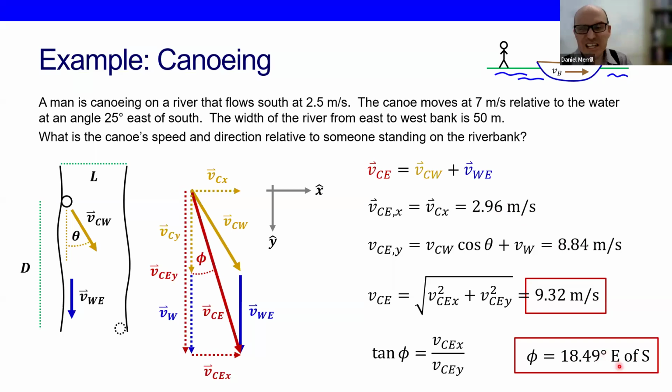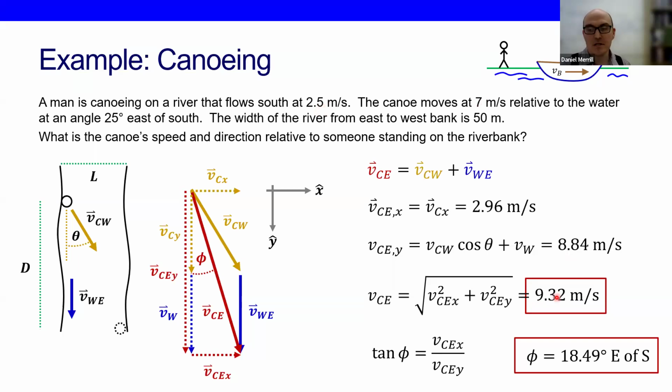Just as a quick sanity check, if the water is pushing me faster southward, then I would expect my overall speed to be larger than either the speed of the water or the speed of my canoe relative to the water. And sure enough, 9.32 is larger than 7 meters per second, and it's also larger than 2.5 meters per second.